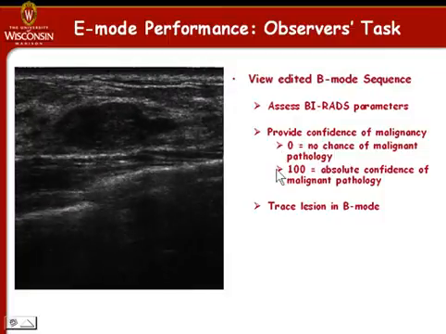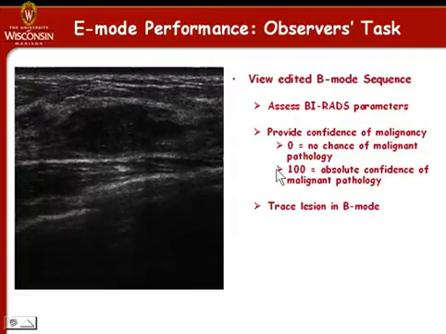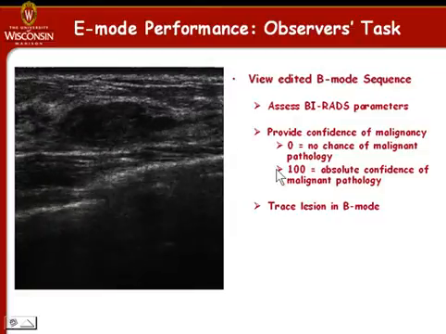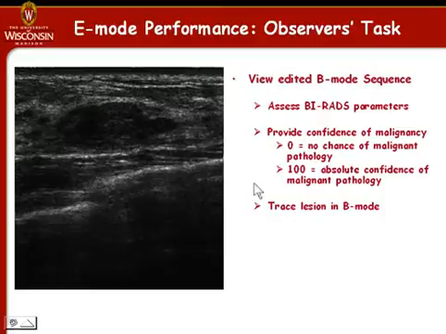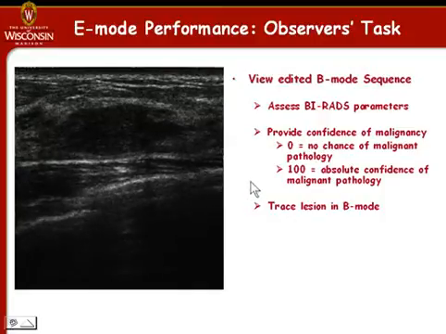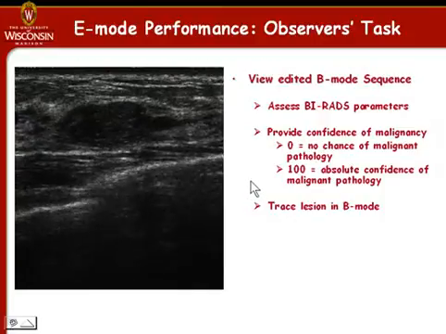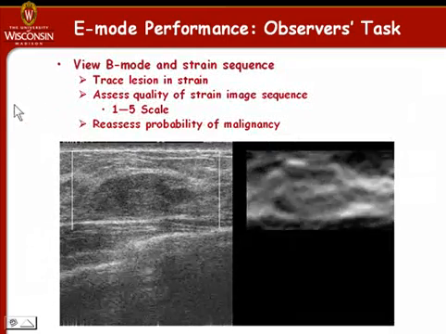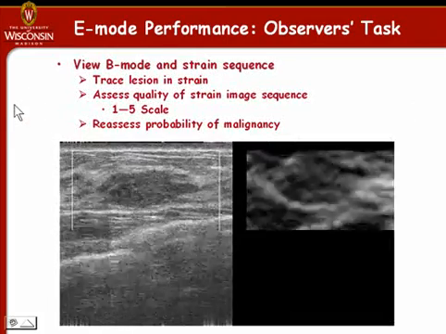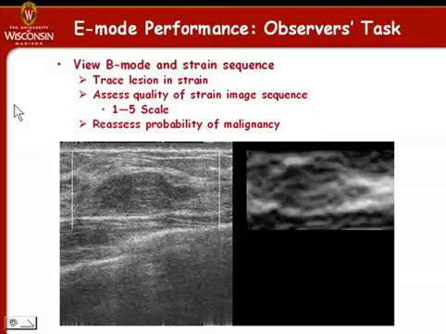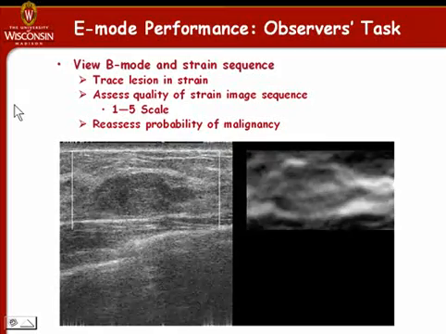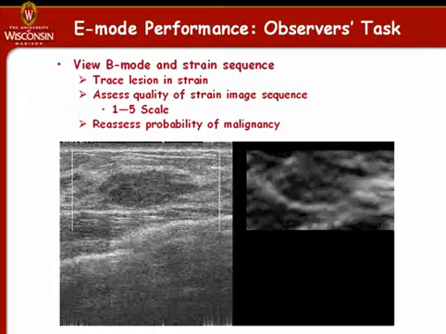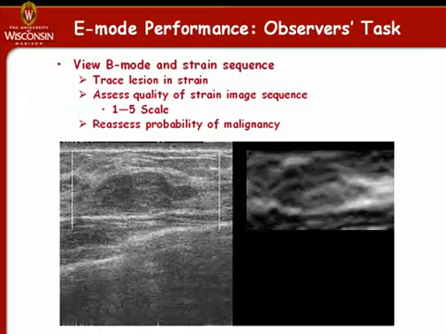A rating of 100 would suggest that they're completely confident that there is malignant pathology. And then they would look at that same data, but with B-mode and strain image information. Again, they did a number of things for us, but fundamentally, they reassessed their probability of malignancy after looking at the same data, but with B-mode and strain.